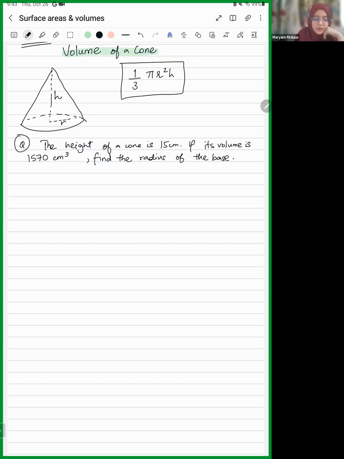Okay. So, Preshita, how will we do this? Ma'am, we'll substitute the values. Okay, so you just tell me line by line. Ma'am, the volume of the cone is 1570 centimeter cube.